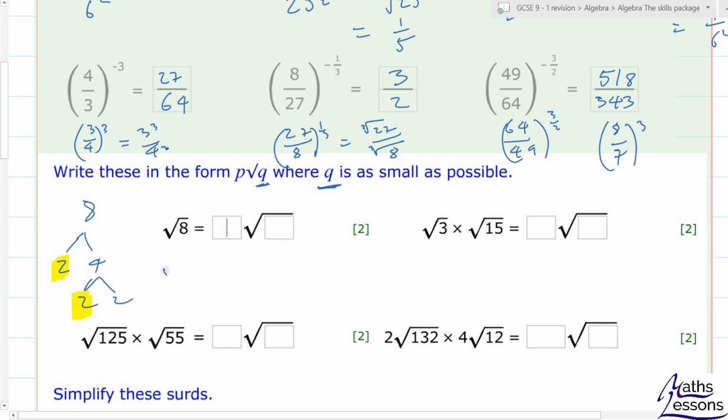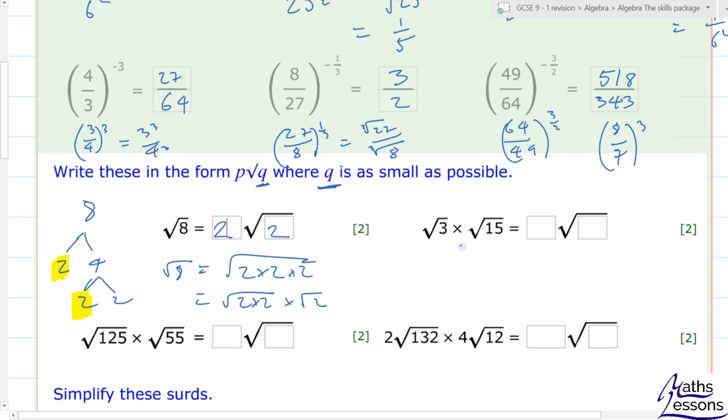The square root of 8 is the square root of 2 times 2, times the square root of 2, and the square root of 2 times 2 is 2. So we get 2 root 2. We can't square root that anymore, there are no more square numbers that go into that. So this is how we can do these questions. A shortcut is to realise you've got a pair and take it straight out, your 2.